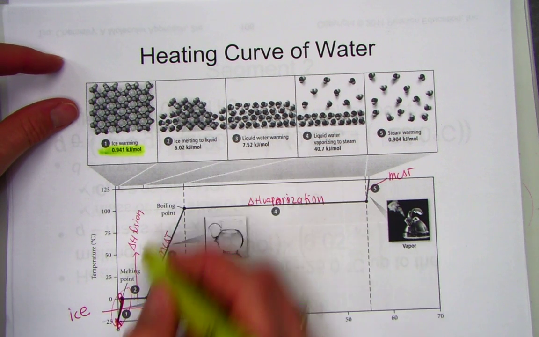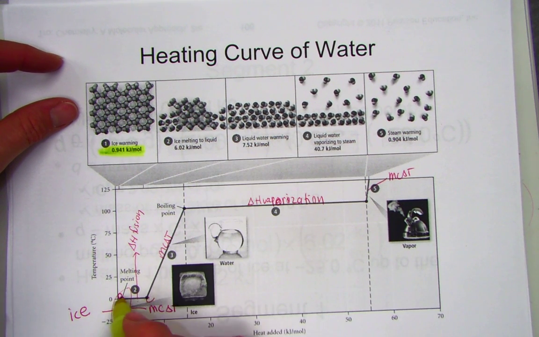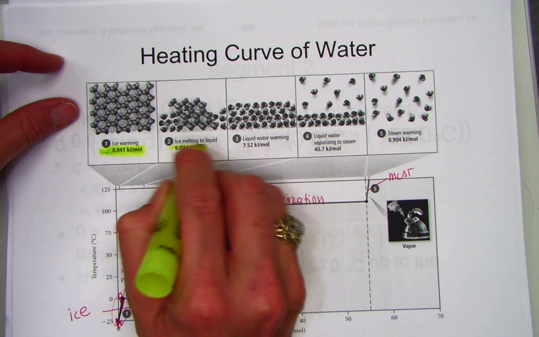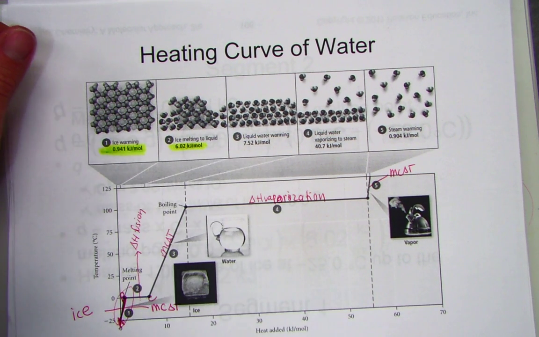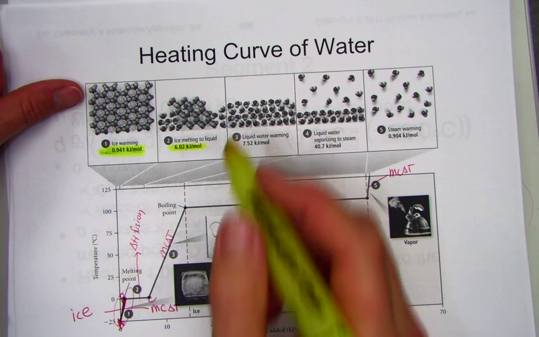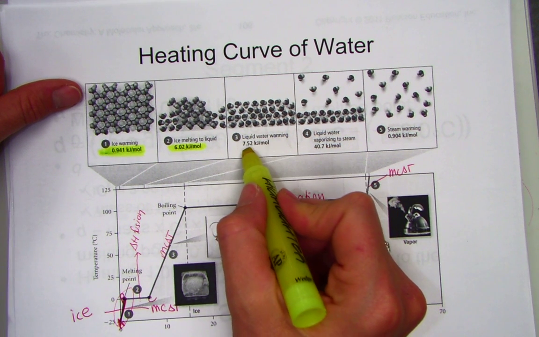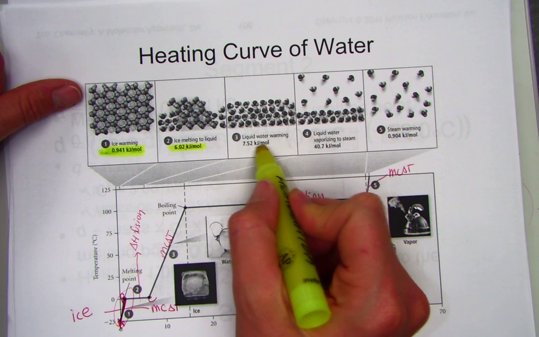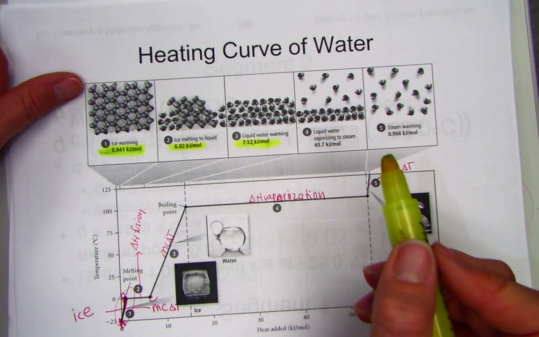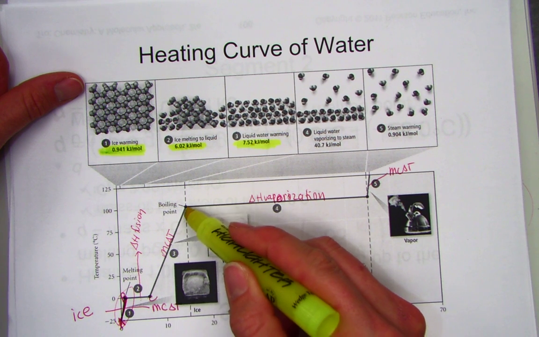Line segment 2, melting, going from solid to liquid, takes 6.02 kilojoules per mole. Line segment 3 takes 7.52 kilojoules for every mole of water just to warm it up.